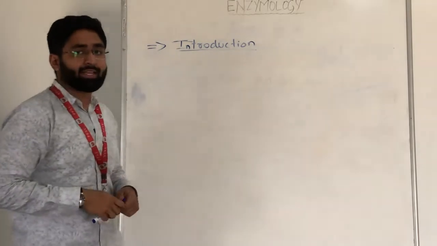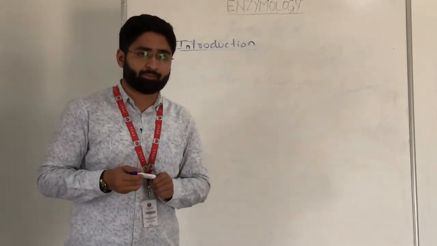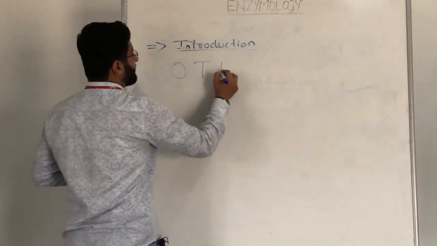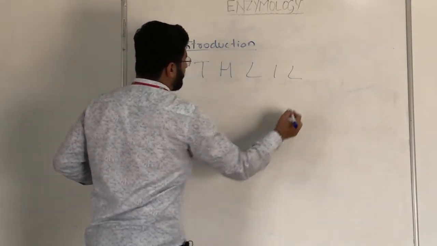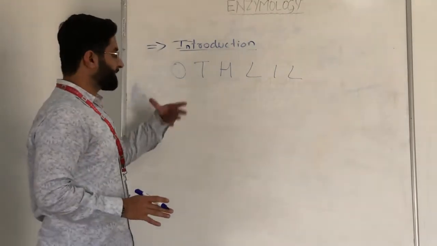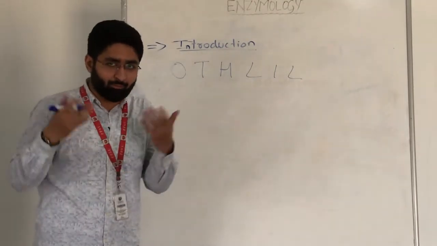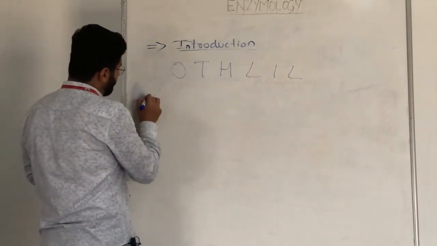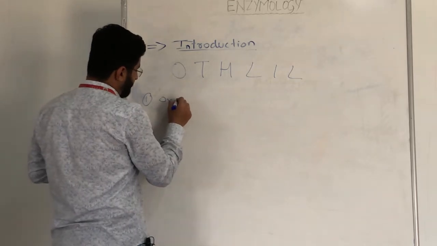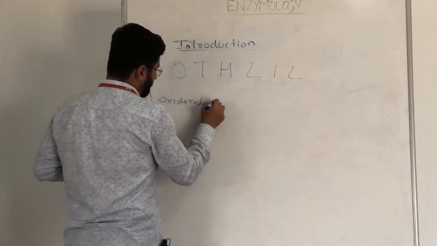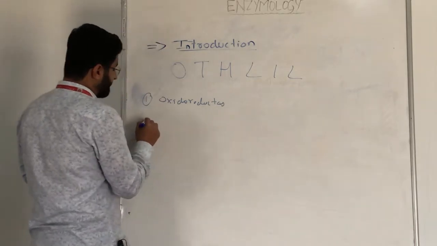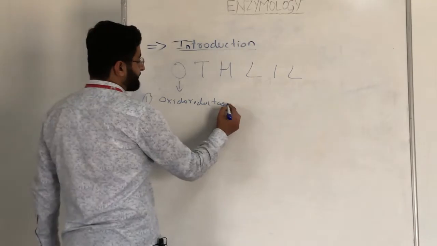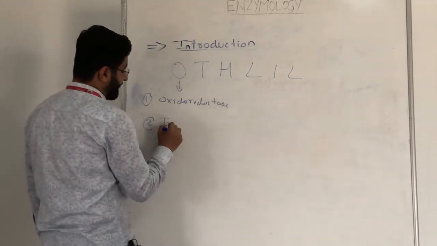Now we need to understand that enzymes are classified into 6 types. What are they? O, T, H, L, I, L. Don't worry, this is actually a way to memorize all these reactions. The first one is oxidoreductase. Second, transferase.